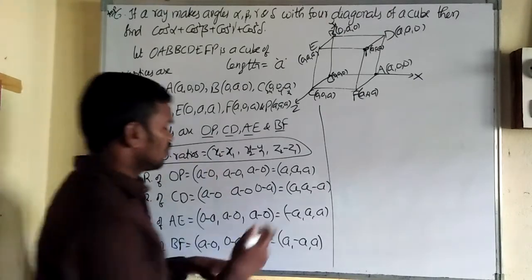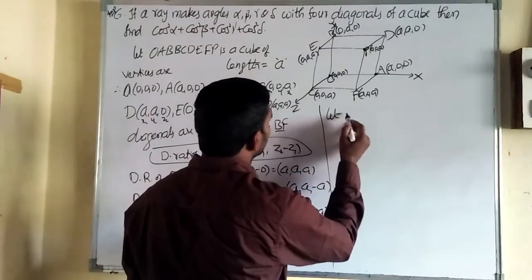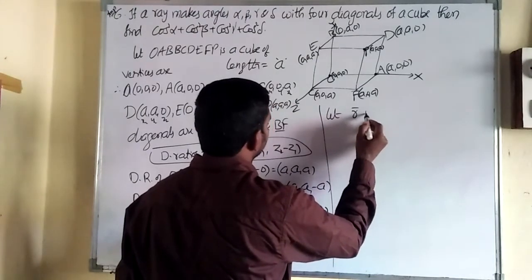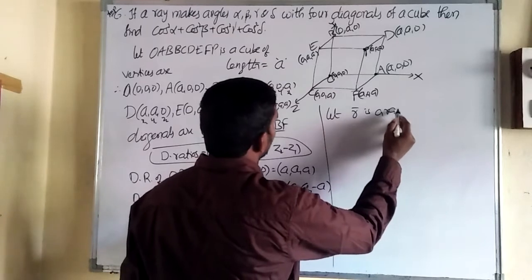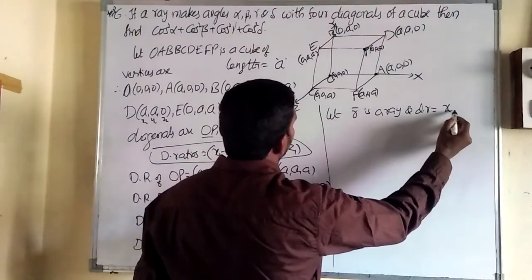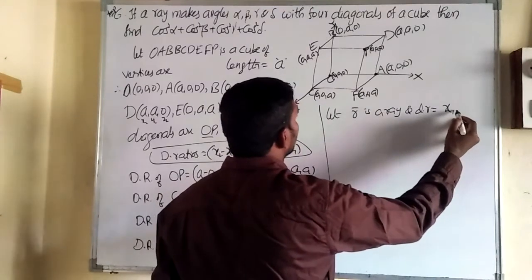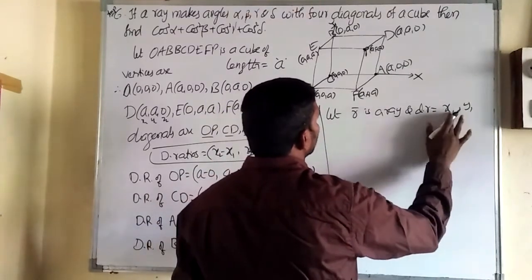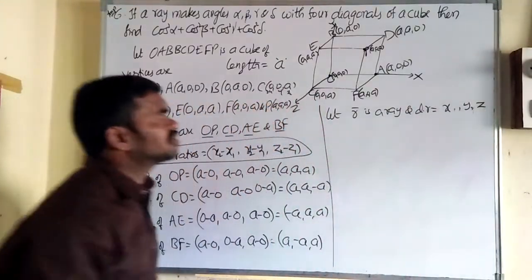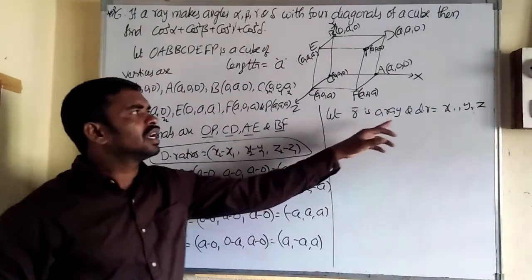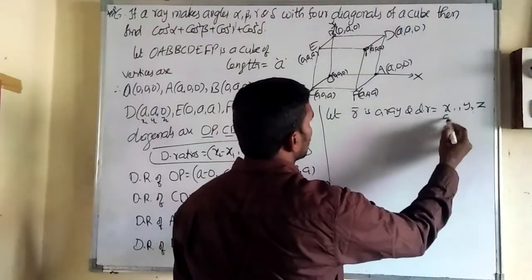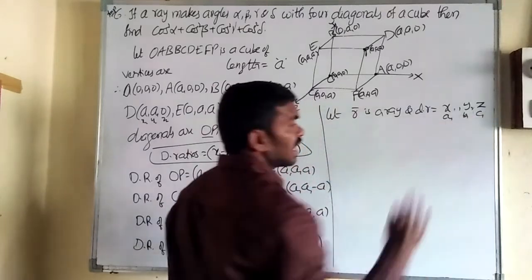We don't know that one. So that's why I assume let small r be the ray and its direction ratios are x, y, z simply. This is considered as a1, b1, c1 direction ratios.